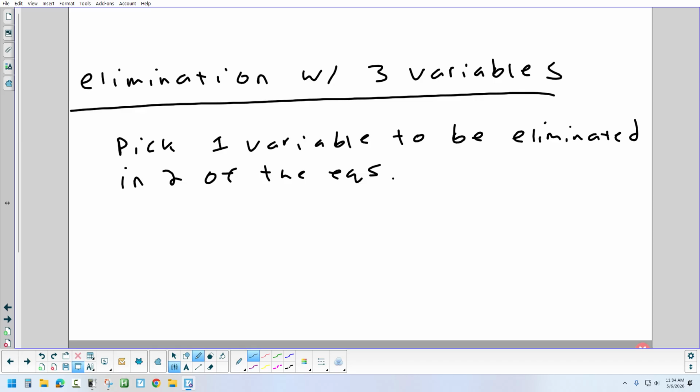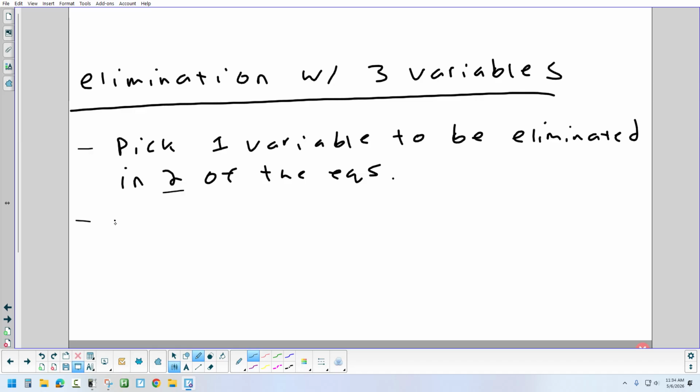So there's lots of choices here. You're going to pick two of the three, and you're going to eliminate one variable. If you do that step correctly, you should end up with an equation that only has two variables in it when you're done.